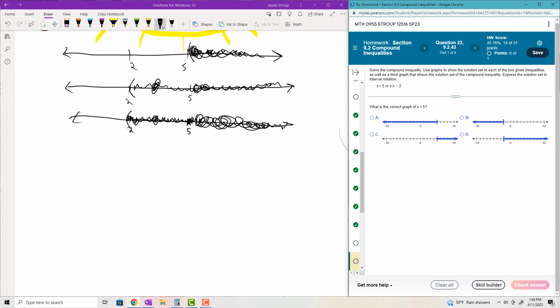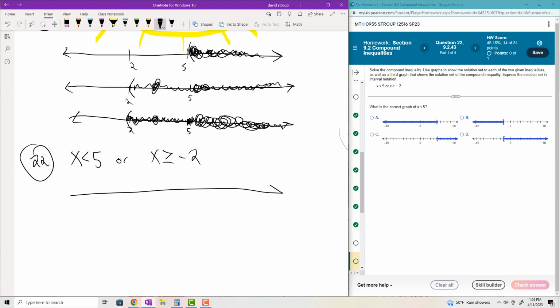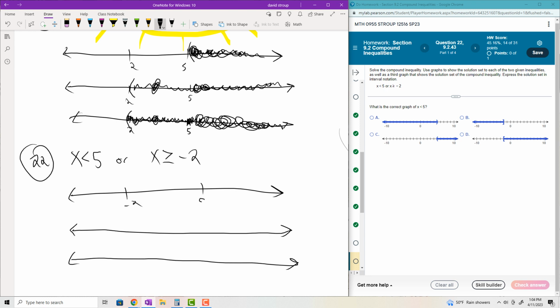So number 22. I have x less than 5 or x greater than or equal to -2. Okay, so I'm going to label those 2 numbers in order.